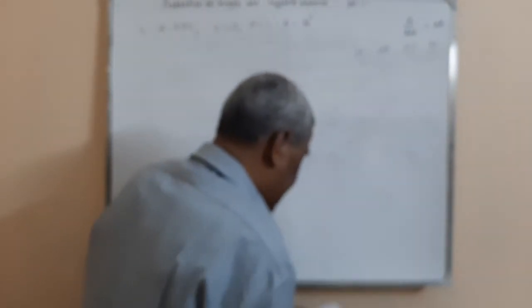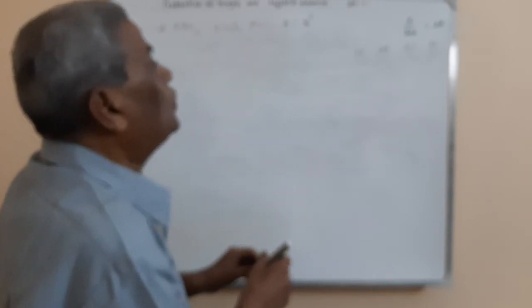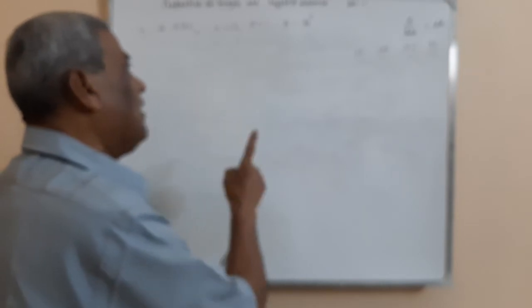So only one relation is given here between sides, that is two sides are given, one angle is given. So we have to find the greatest angle of the triangle.